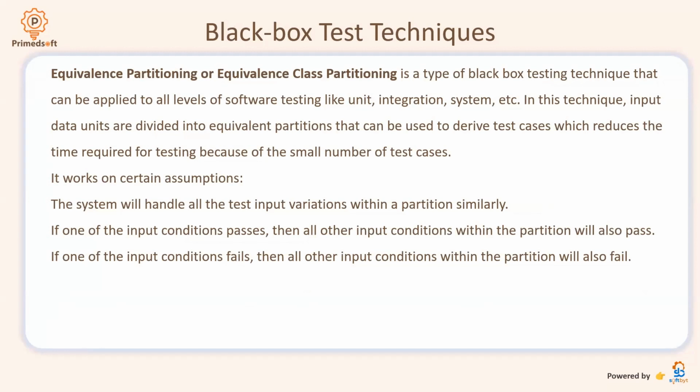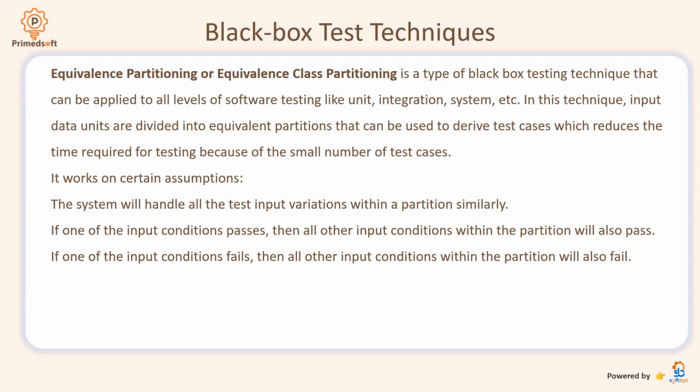So we are now going into black box testing, and under black box testing, we'll have different types, of which number one is equivalent partitioning, right? You either call it equivalent partitioning, or you also call it equivalent class partitioning.